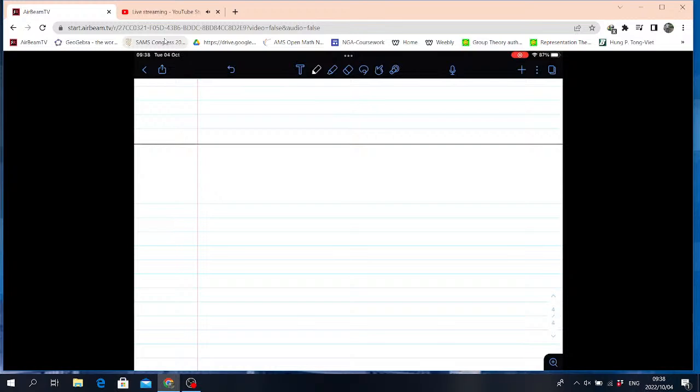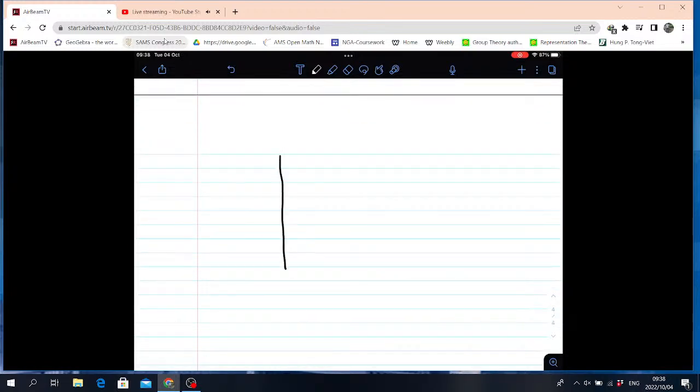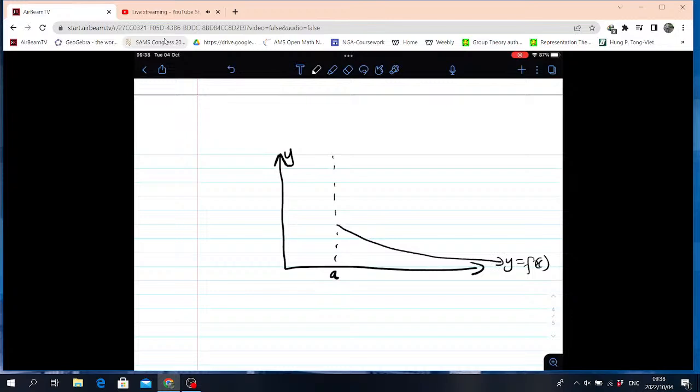So just to give a bit of motivation on why it would work. Suppose you've got two functions, and they start on the same sort of value. You've got y is equal to f of x, and then you've got another one, y is equal to g of x.